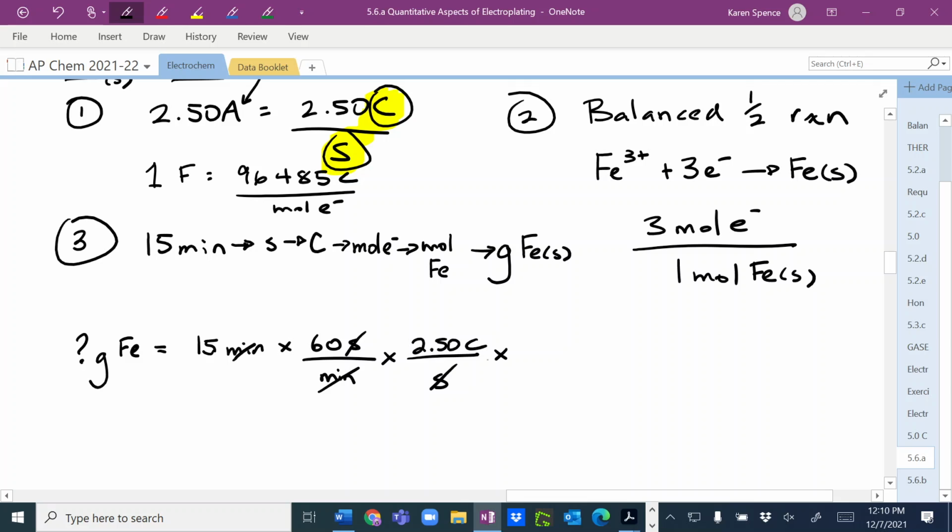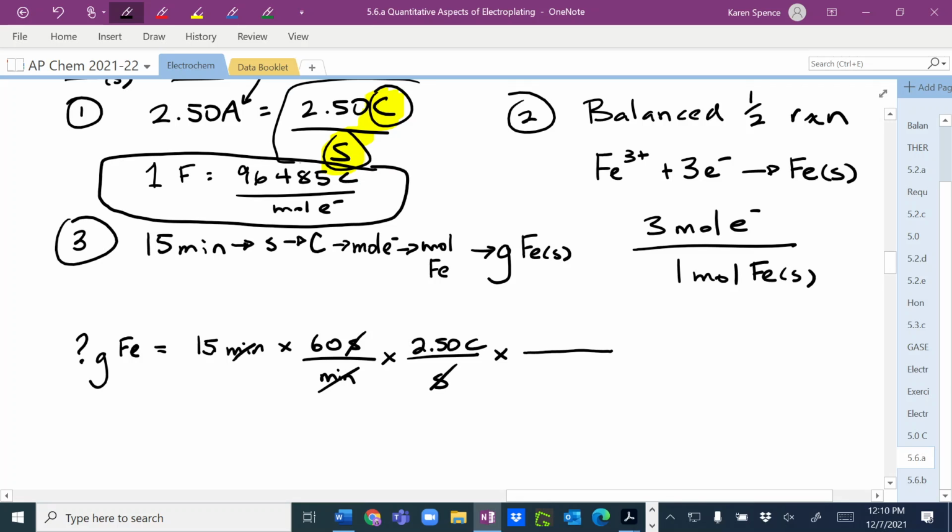We can convert coulombs into moles of electrons. This is the special new part, this one and the coulombs per second, those are our new conversion factors for this section. So we can say I have 1 mole of electrons for 96,485 coulombs.